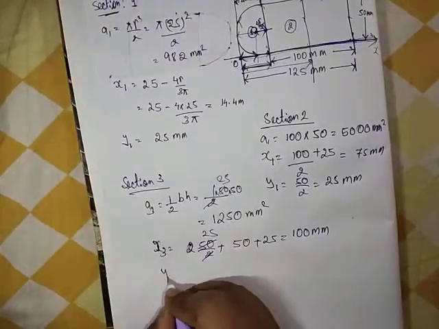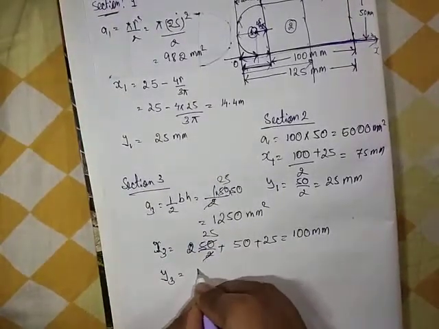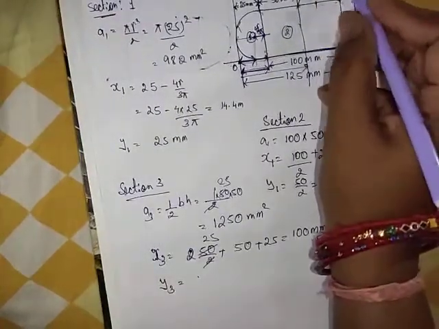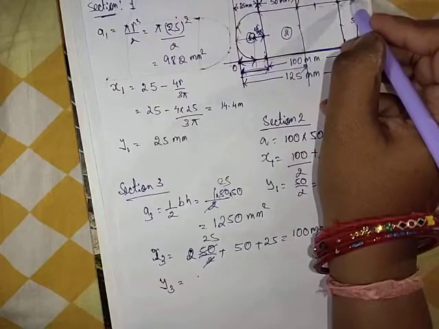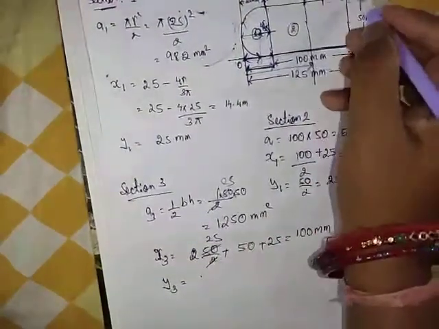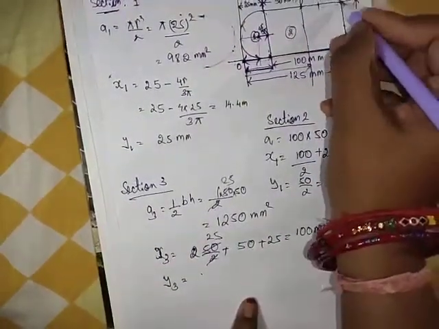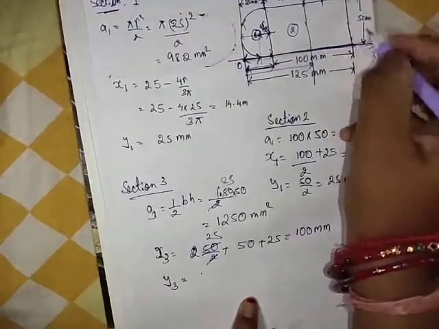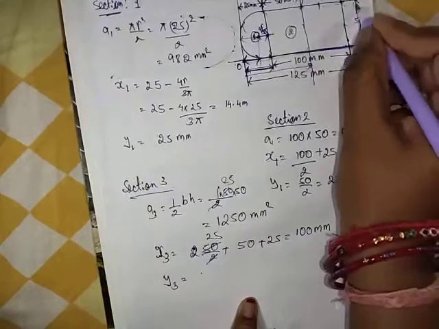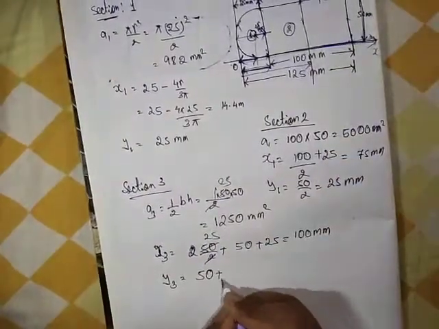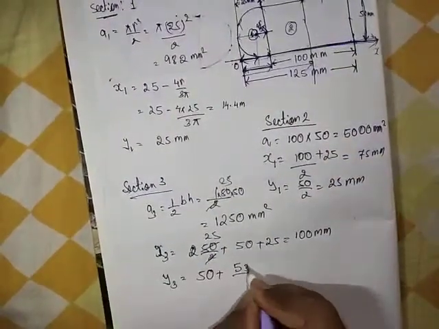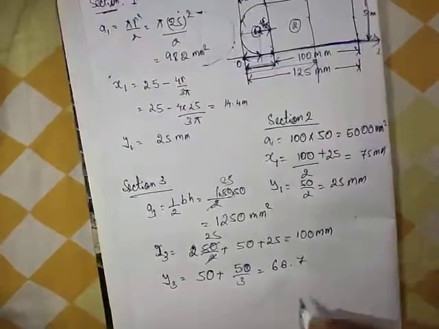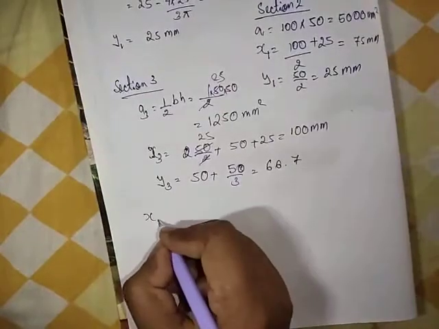Next, what is y3? What is the formula for y3? 50 by 3. If this is 50 by 3, we are going from down to upward, so this distance is added. So 50 plus 50 by 3 equals 66.7.